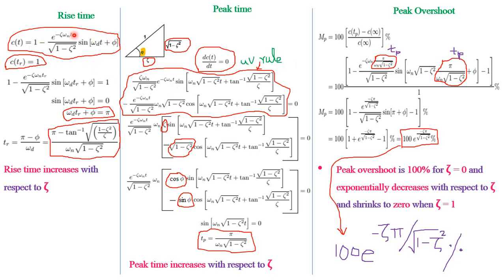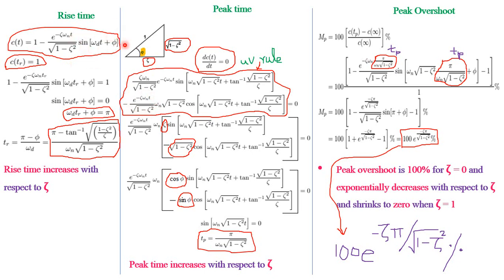So minus e power minus zeta omega n t by root of 1 minus zeta square, when we differentiate, we will get e power minus zeta omega n t into minus zeta omega n, with root of 1 minus zeta square already there. The sin term we write here, where omega d is expanded as omega n root of 1 minus zeta square and phi is expanded as the tan inverse term. Then e power minus zeta omega n t by root of 1 minus zeta square is taken as it is, and the sin term is differentiated.